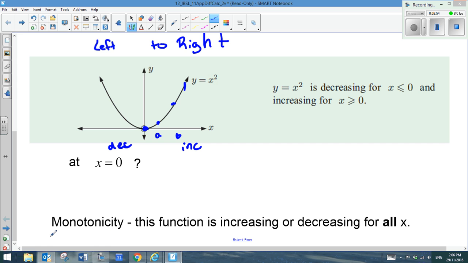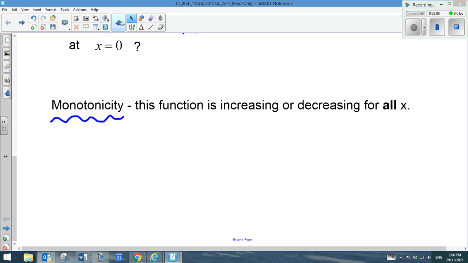There are some functions that are monotonic functions. So monotonicity just means that for the entire domain that we talk about, it is only increasing or only decreasing. So if you're looking at a specific function, think about a few now that would only be increasing or decreasing along the entire domain. So for example, an exponential function continues to decrease throughout the entire domain of the graph.